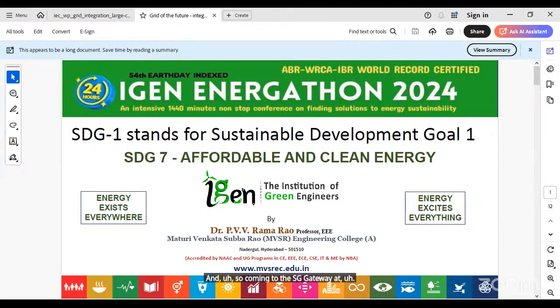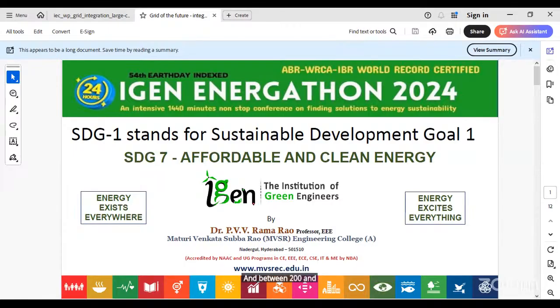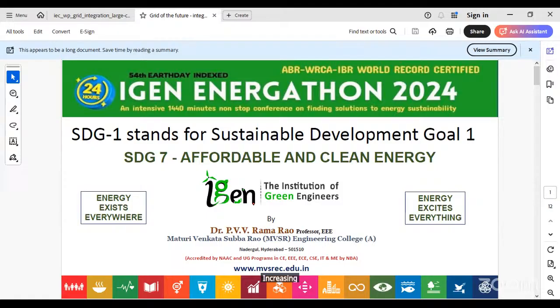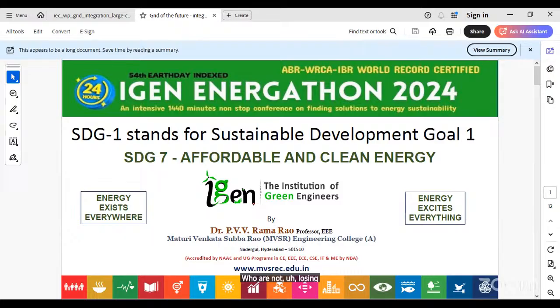Coming to SDG, that is Sustainable Development Goal 7, affordable and clean energy, we are all familiar with that. Between 2000 and 2018, electricity access increased. Nowadays we are seeing increasing demand and increasing utilization, and access has reached almost 78 to 90%. Still, 10% of people are not using it, or it is not available, with no access to affordable electricity.